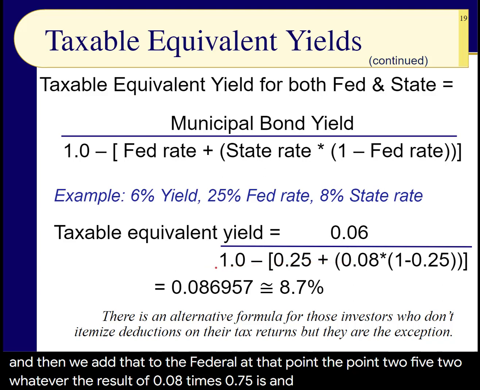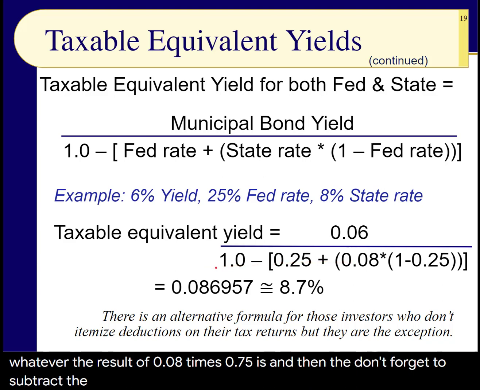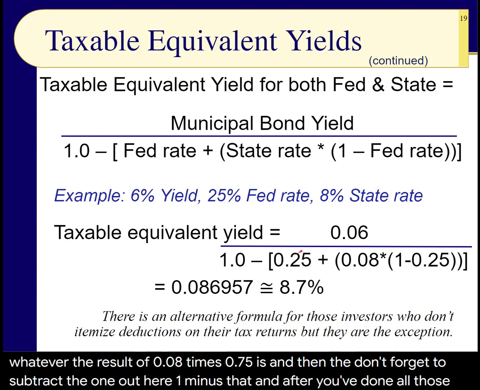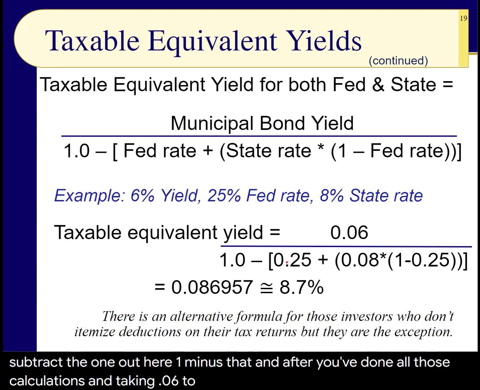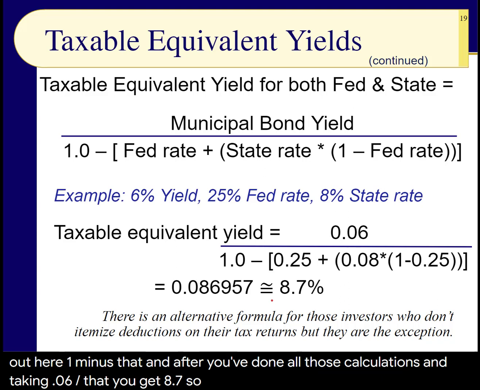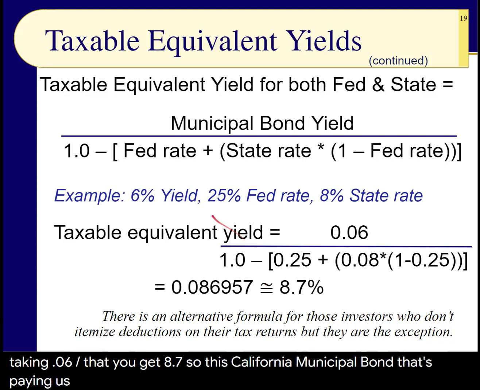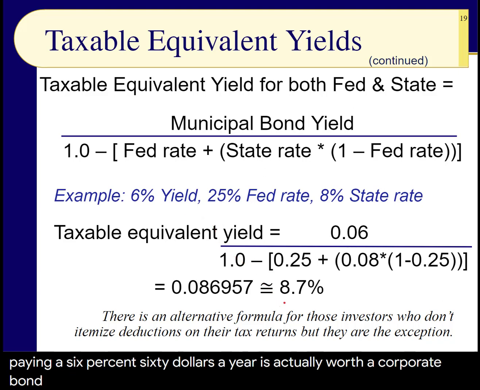And then, don't forget to subtract the 1 out here, 1 minus that. And after you've done all those calculations and taken 0.06 divided by that, you get 8.7. So this California municipal bond that's paying us 6%, $60 a year, is actually worth a corporate bond paying 8.7%.